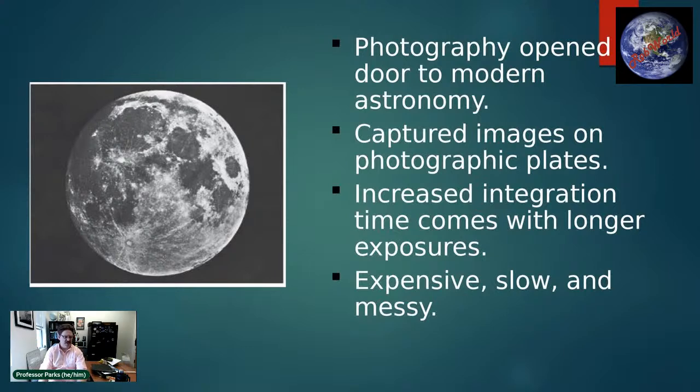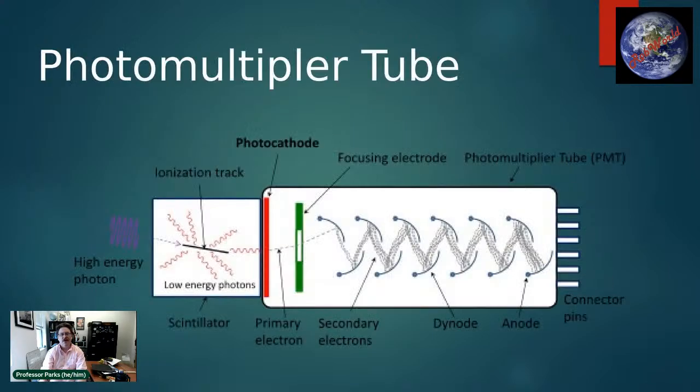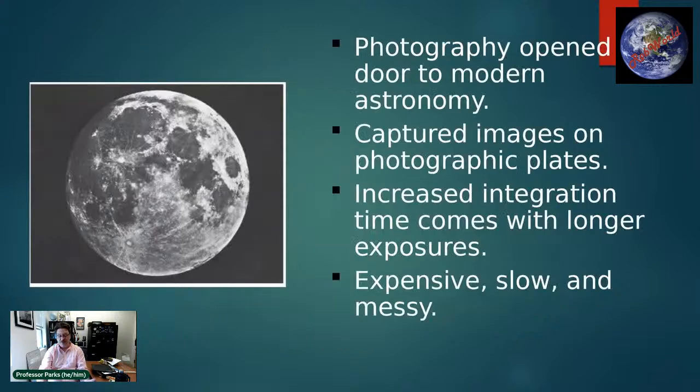So we had photographic plates. That ended around, I want to say, the 1970s. In the 1970s, a tool was developed called a photomultiplier tube. With photographic plates, what we see is an extended image.